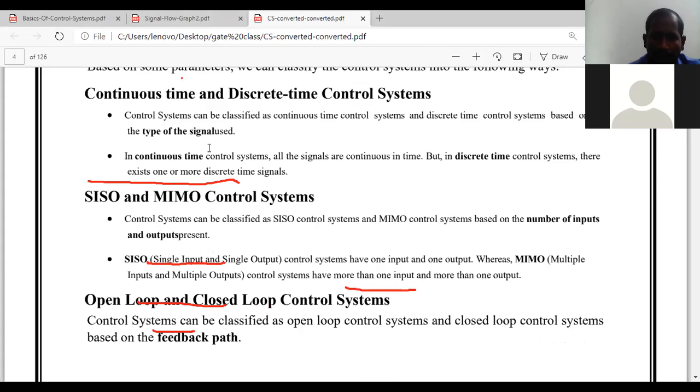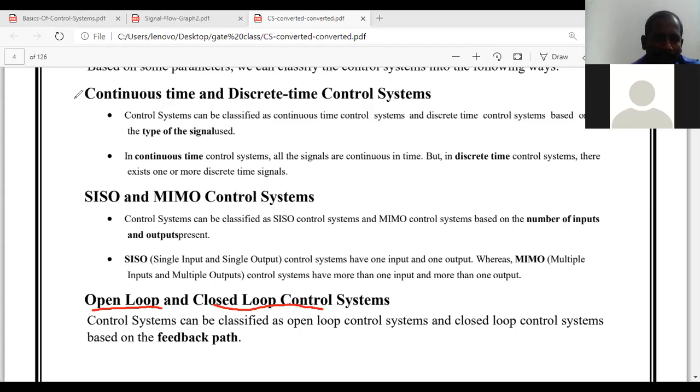So these are based on the input, and the next one is based on the feedback we are using, whether feedback is there or not. Based on that, the control system is classified into open loop control system and closed loop control system. You were already aware of open loop and closed loop, based on whether feedback is there or not.